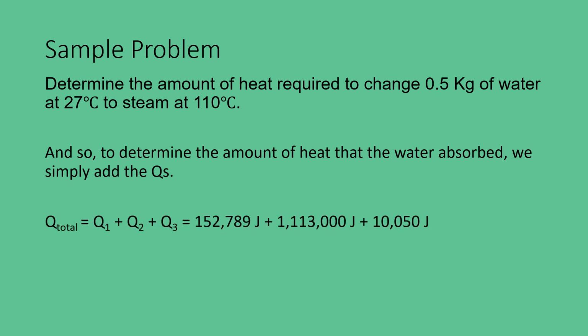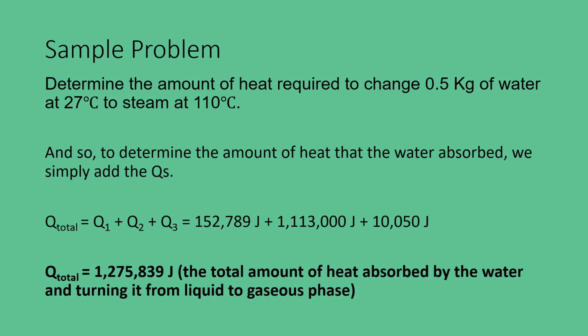So Q total will be equal to Q1 plus Q2 plus Q3, which is equivalent to a total of 1,275,839 joules. That is the total amount of heat absorbed by the water from 27 degrees Celsius, turning it from liquid to gaseous phase, or steam, at 110 degrees Celsius.